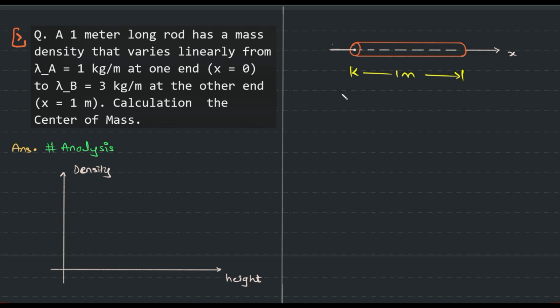So this is point A and this is point B. Here the density is 1 kg per meter, and at this end we have 3 kg per meter. Calculate the center of mass.